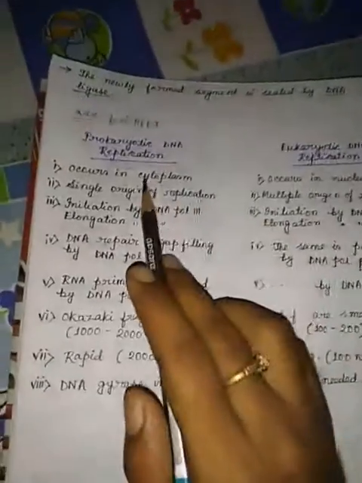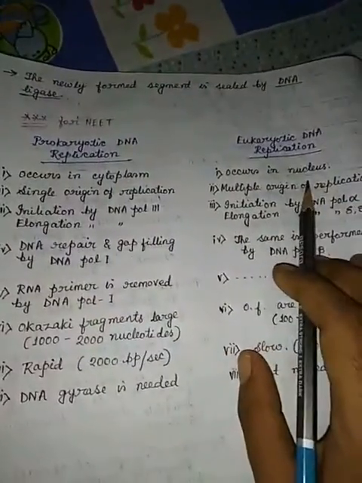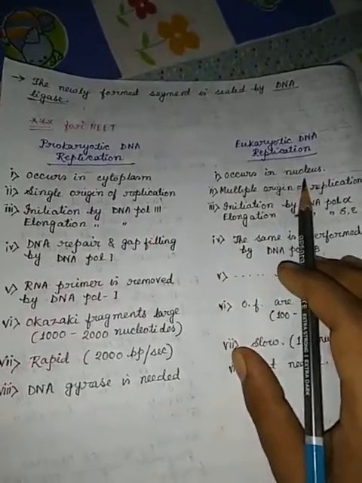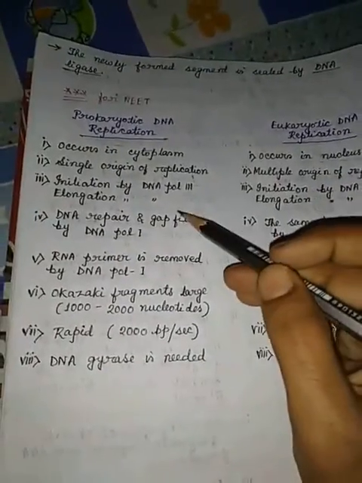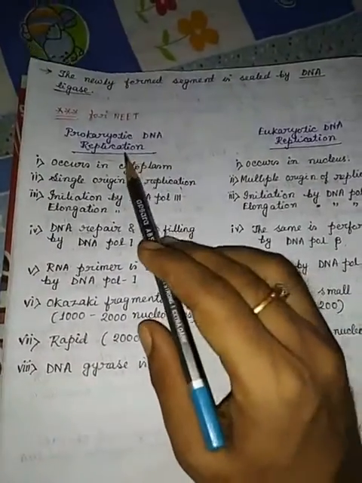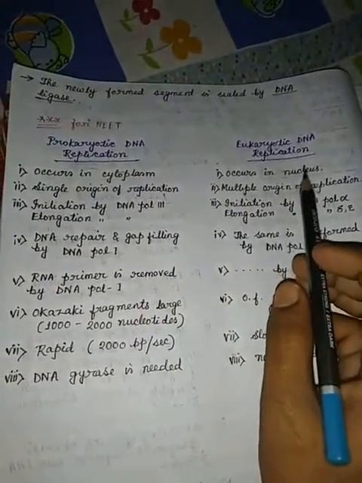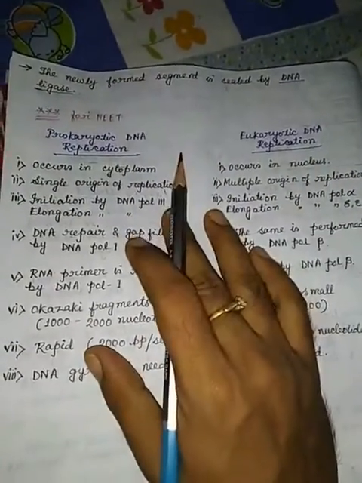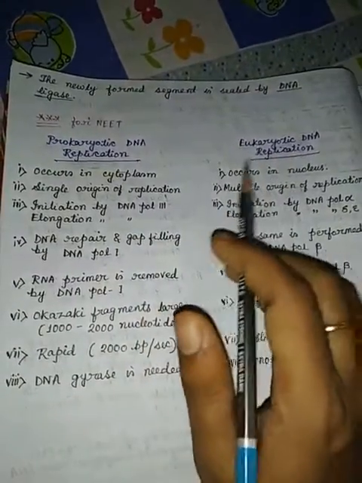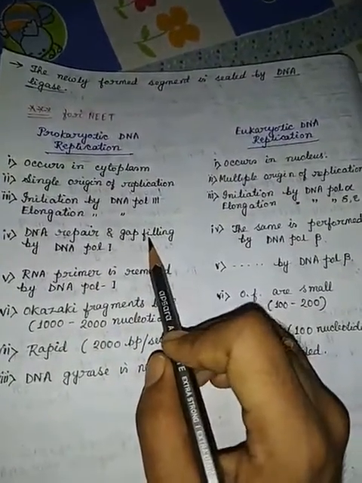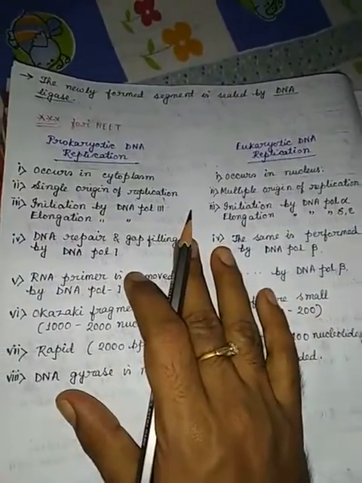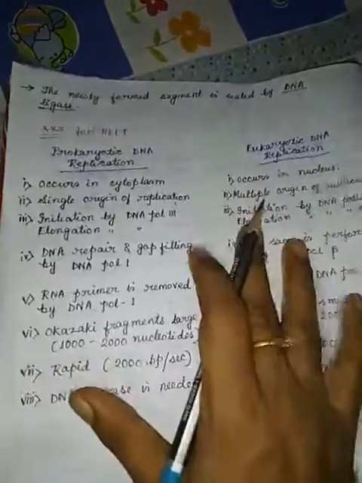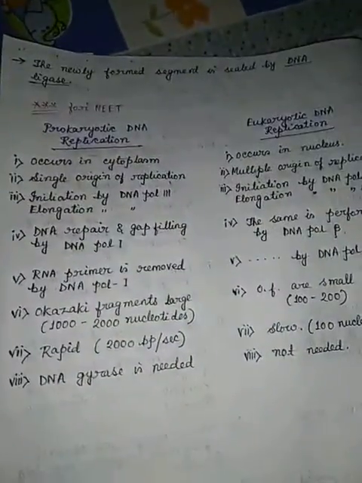Though the prokaryotic DNA replication and eukaryotic replication process are the same, the occurrence differs, such as it occurs in the cytoplasm or in the nucleus, and from some viewpoints there are some basic differences, especially due to the function of different enzymes. But this is also for the NEET exam. Okay, so go through this.